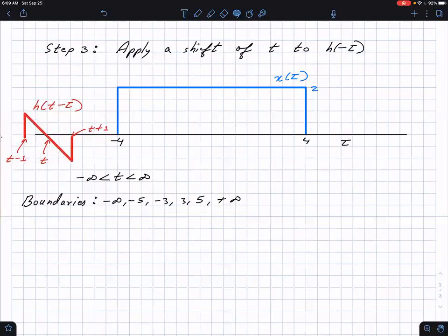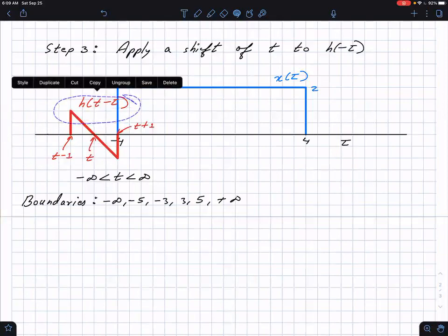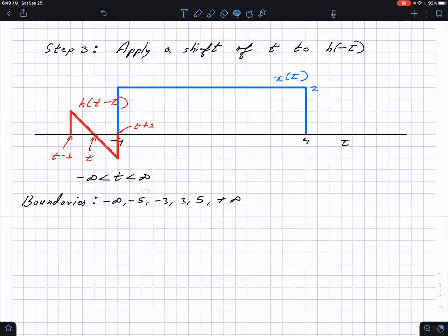And up until this point, we haven't seen any overlap between the non-zero sections of the two functions. And that will be true until we get to this point. And this is reached when we apply a shift, or when t becomes equal to -5. So t equals -5 is an important point, and we put that on our list. This is the point when we start seeing partial overlap between the two functions.